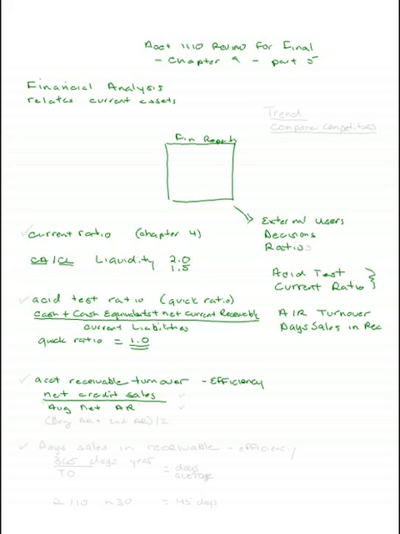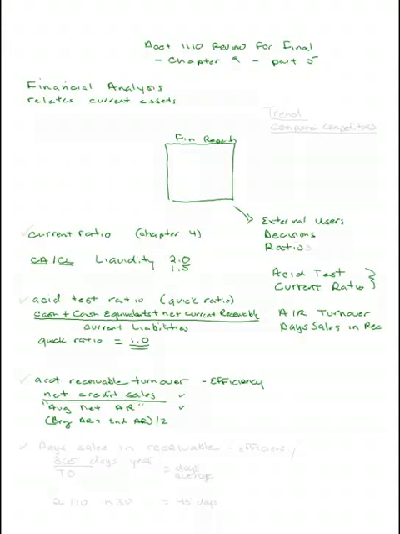Now remember, you're taking a number, in this case, from the income statement and comparing it to a number from the balance sheet. Whenever we do that, we average the balance sheet number, so it's more reflective of the period covered on the income statement. So it's beginning net AR plus ending net accounts receivable, add those together and divide by 2. That number is more reflective of the average accounts receivable, and it's better compared to an income statement number. So that's our accounts receivable turnover ratio.